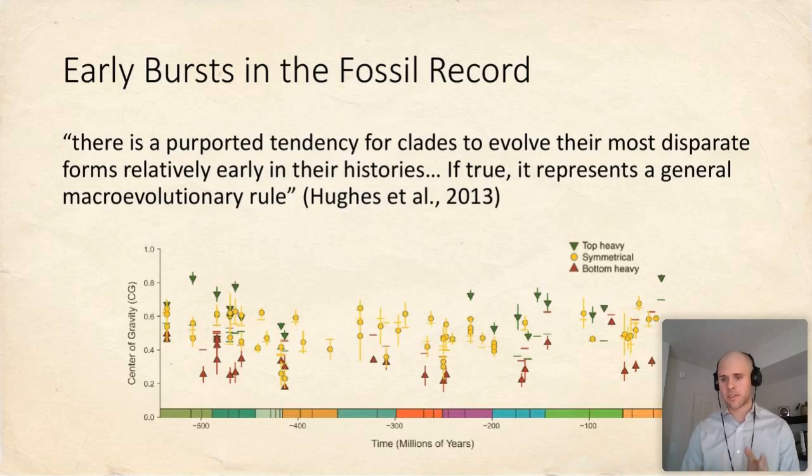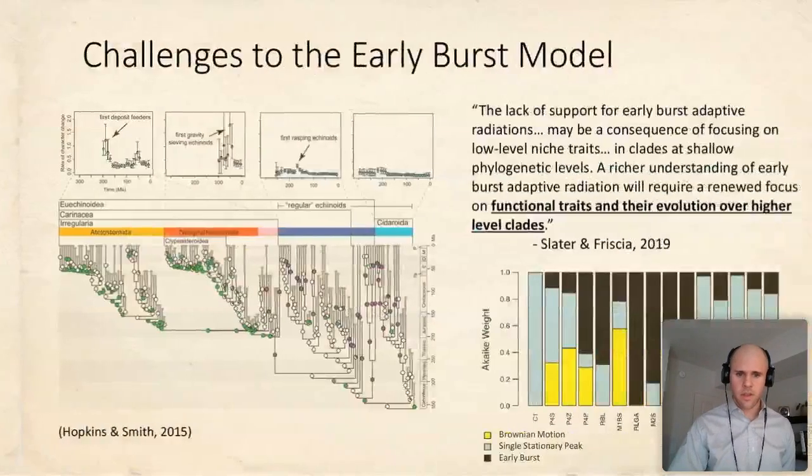The requirement is that disparity is exceptionally high given the lower diversity at the onset of a radiation. That can manifest itself as a bottom-heavy clade, like you can see here, but it doesn't need to. And this is, of course, a very important question because some, such as this Yuth study, have posited that it may be one of the very few macroevolutionary rules that we have.